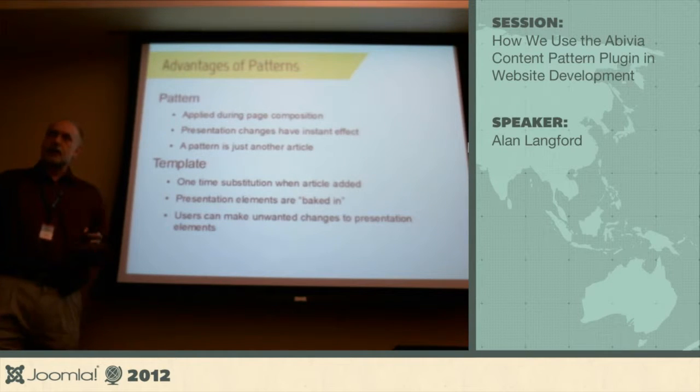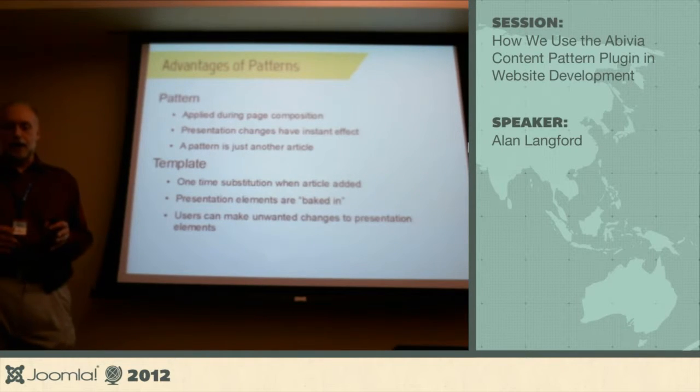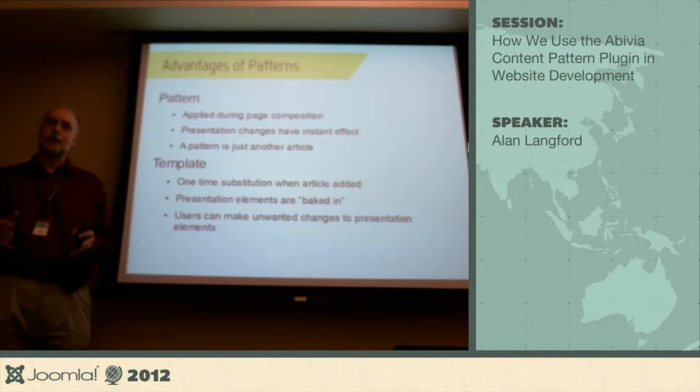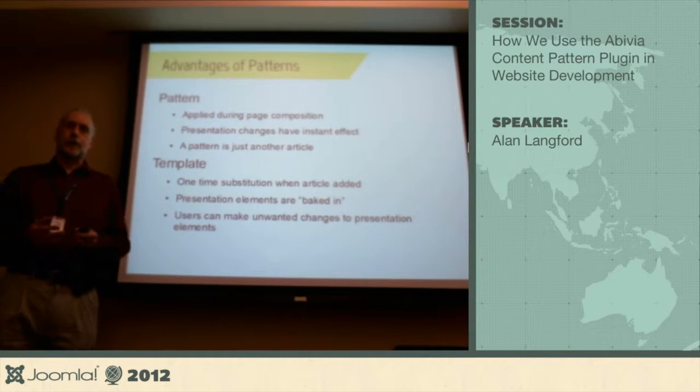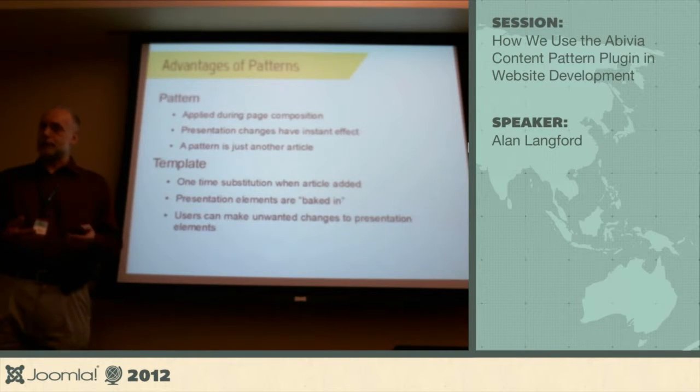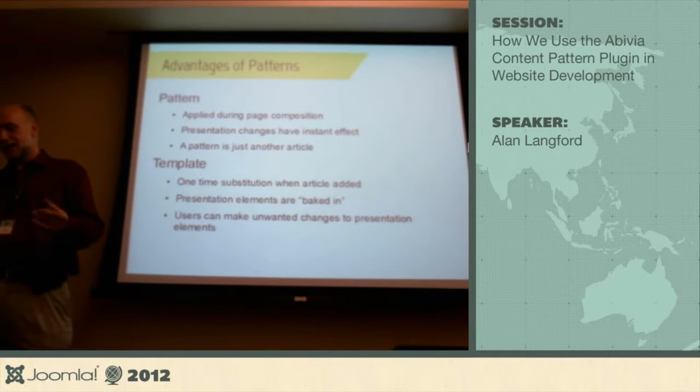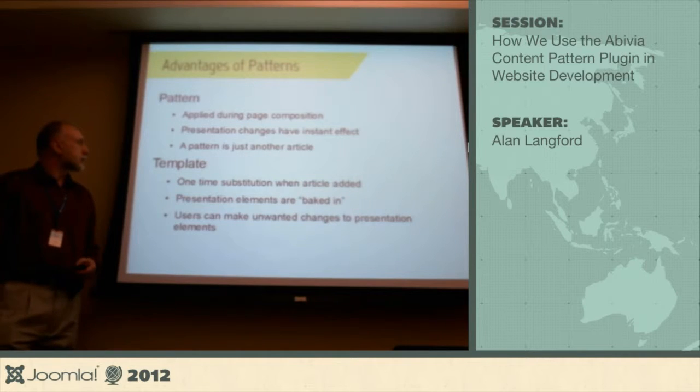A pattern is just another article, so there's no extra tables. We first wrote this back just when K2 was starting up. One of the problems with K2 at the time was that there wasn't template support for all these other things. They have a different schema, different content tables, and that was a little too difficult for us.